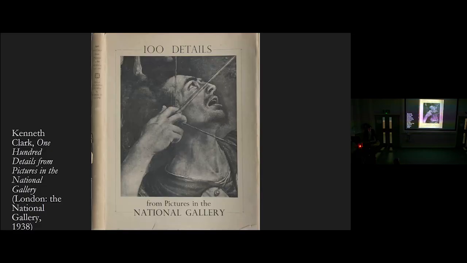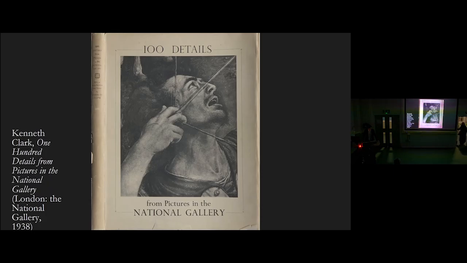This was a radically new way of seeing, featuring pairs of details that serve to provoke, amuse, and demonstrate art historical claims made by Clark, at the time director of the National Gallery. The succession of photographs reveals a distinctive kind of vision in Britain during the 1930s, a result of art history's emergence as a discipline and its collision with the latest technology and media: electric lighting, photography, film, television and radio.